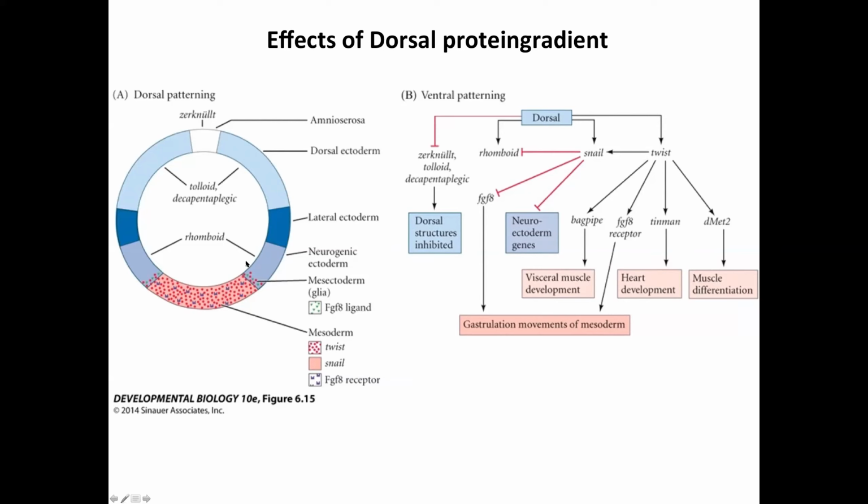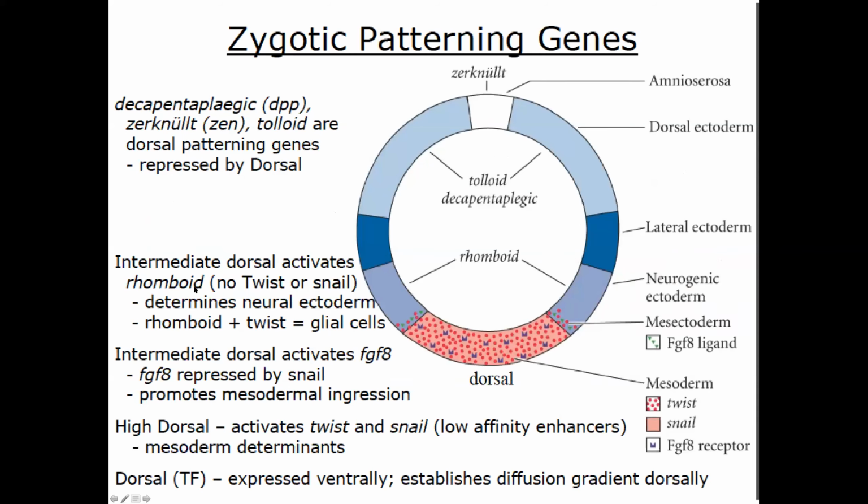Now the important part here that is initiated is the inward movement of these dorsal cells to give rise to the ventral furrow, and that is initiated by FGF signaling.